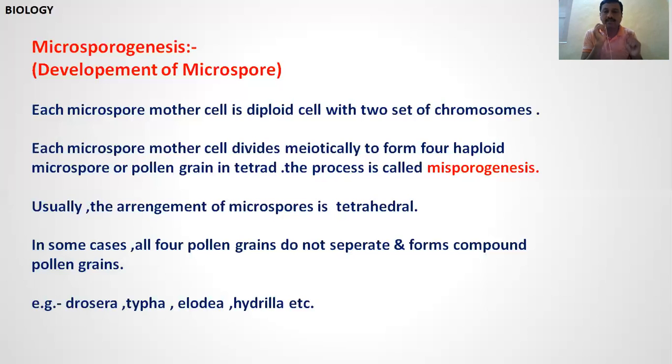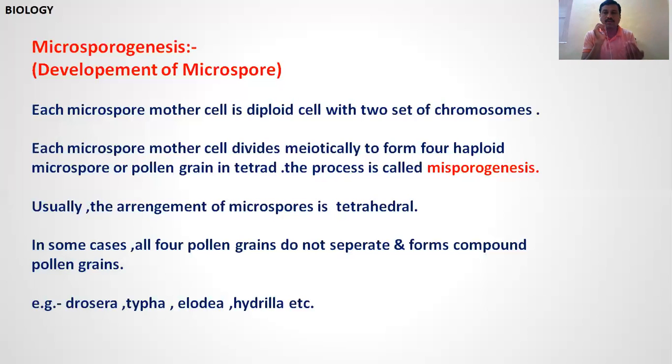Usually the arrangement of the microspores is tetrahedral, because 4 pollen grains are formed. In some cases, the pollen grains do not separate and form compound pollen grains.